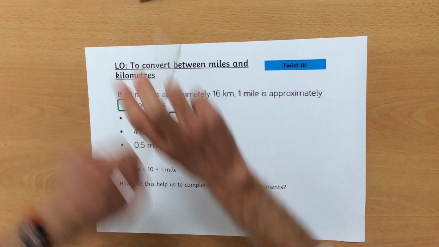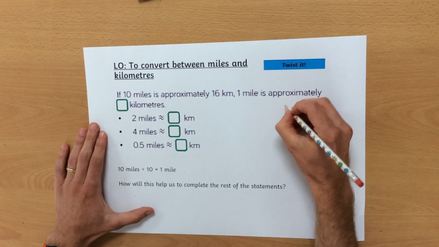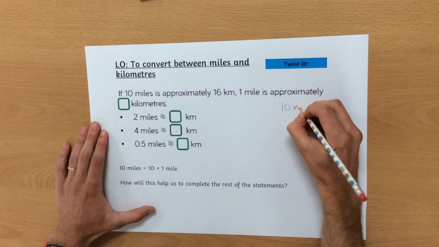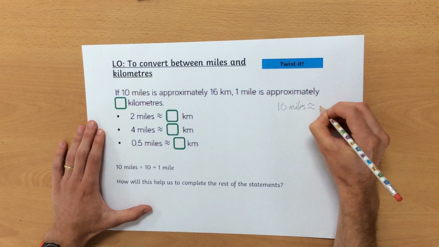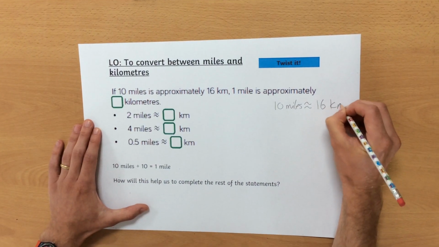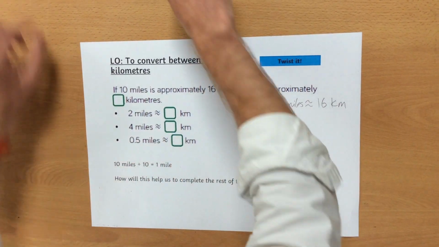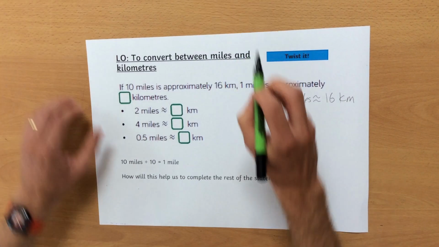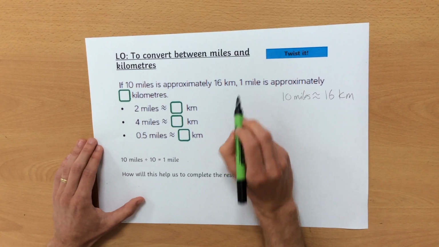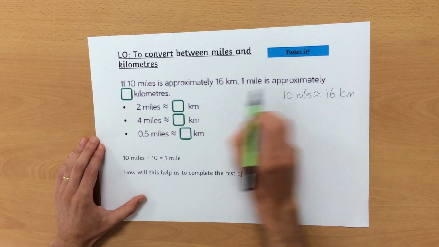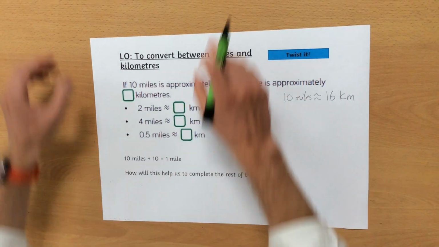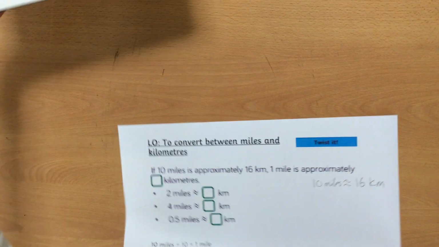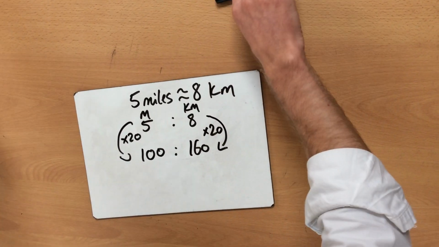I'm going to write that on here, that 10 miles is approximately 16 kilometers. The only difference here is I need to first calculate what 1 mile is. 1 mile is approximately how many kilometers? So I'm going to go back to my board, and rub my first ratio out.